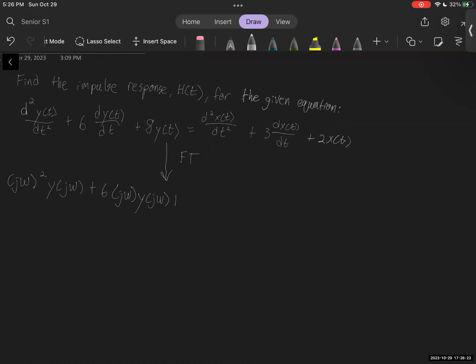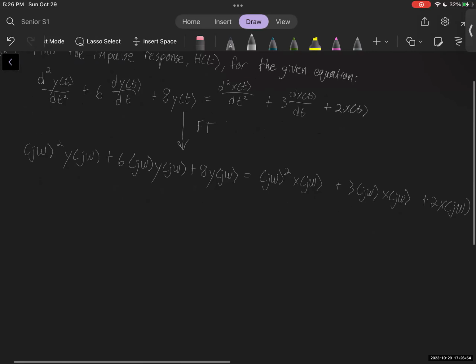And then for our final term on the left side, we have linearity again. And then there's no differentiation, so we just get y of j omega. We're going to do the same thing for the other side. We're going to get j omega squared x of j omega, plus 3 j omega x of j omega, plus 2 x of j omega.